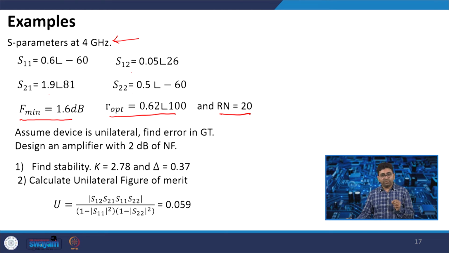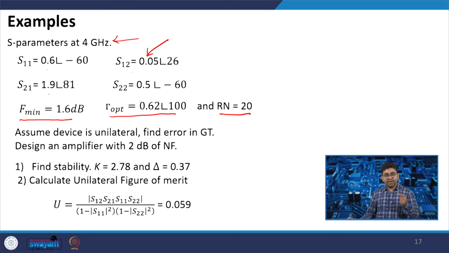If you want to assume the device is unilateral, because S12 is already given, or if you get the S12 and want to consider it as a unilateral device, then first you need to find the unilateral figure of merit.